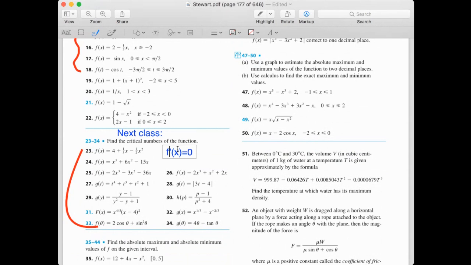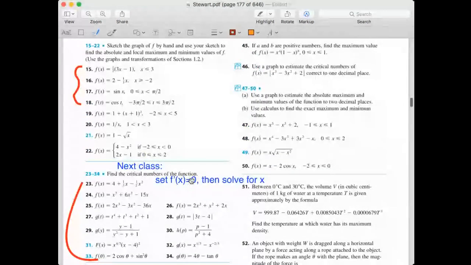We set f prime of x equal to 0, then solve for x from the equation. So this is a step, right?